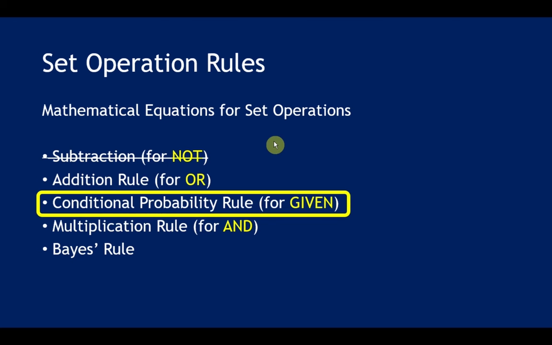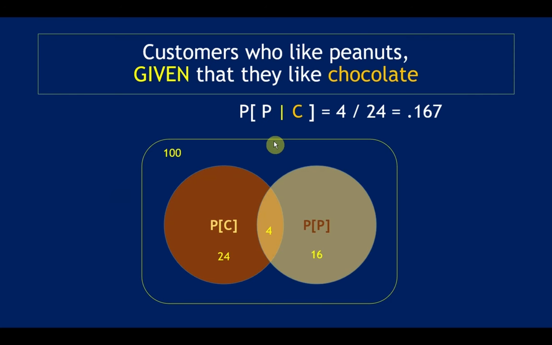Now let's look at the next rule, the conditional probability rule for given. So here's a conditional probability. We want to know the probability that we have customers who like peanuts, but given this condition that they also like chocolate. So this is not just anybody who likes peanuts.